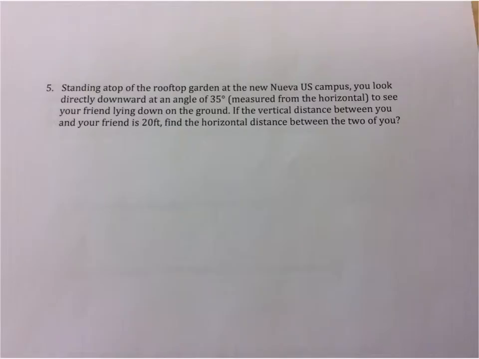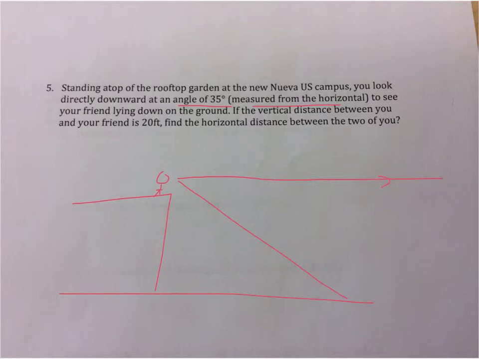Okay, so now we are standing up on top of the rooftop, and you're looking directly downward at an angle of 35 degrees from the horizontal. So here's our horizontal, so this is 35 degrees, and your friend is lying down 20 feet.